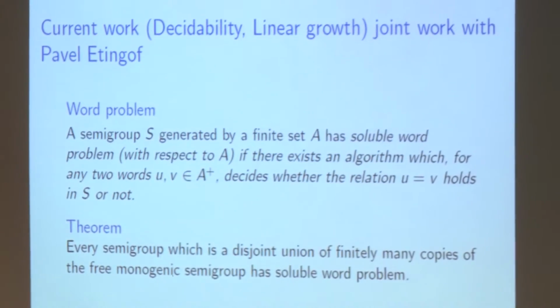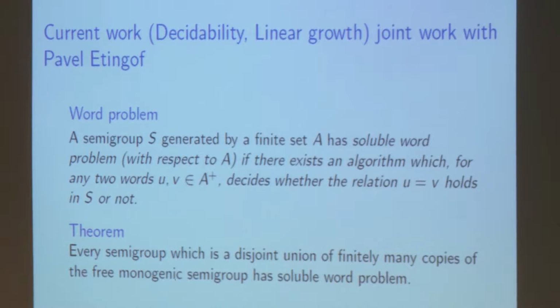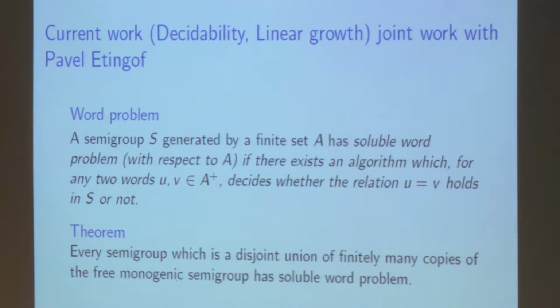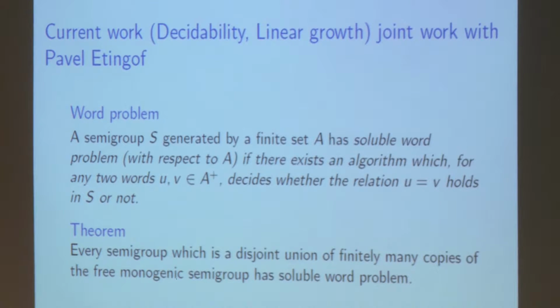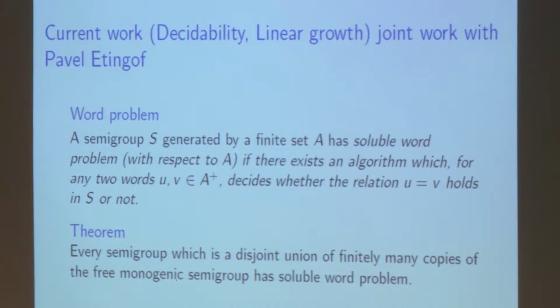We say that S, which is finitely generated, has soluble word problem if there exists an algorithm which, for any two words U and V in S, can say whether U is equal to V in S or not. That means we have an algorithm with a finite number of steps, and with these steps I can decide if U and V are equal in S or not. And this is the theorem: every semigroup of the kind we work with has a soluble word problem.